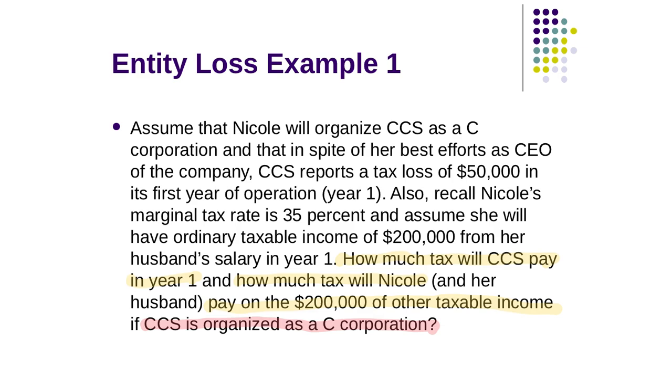So then let's organize some information here. So we have the corporation, specifically the C corporation, and then Nicole and her husband.